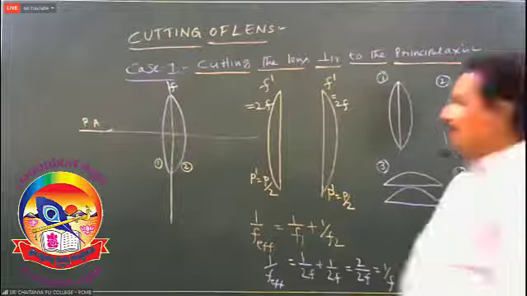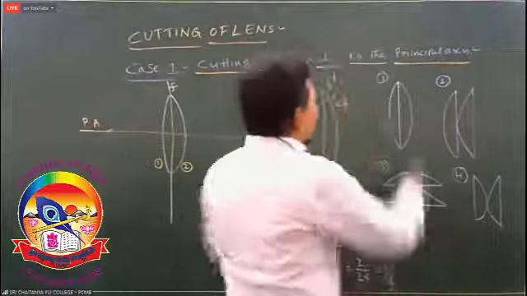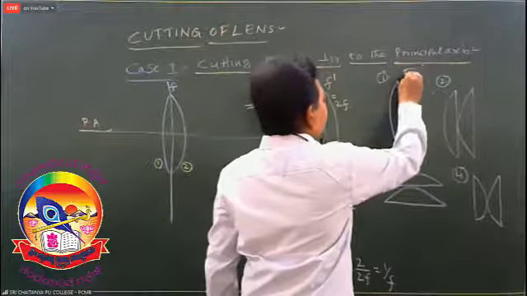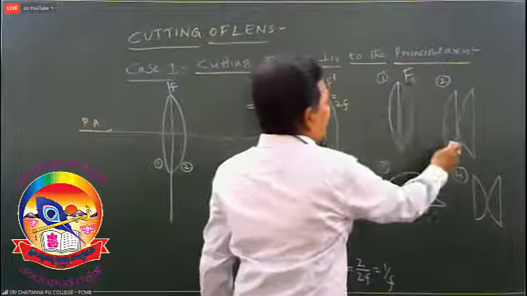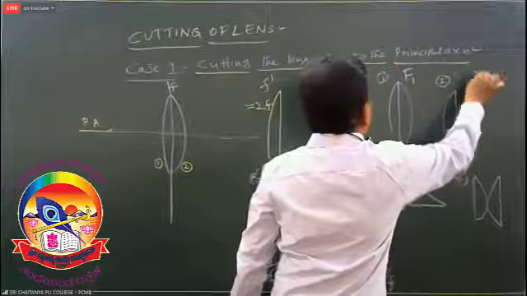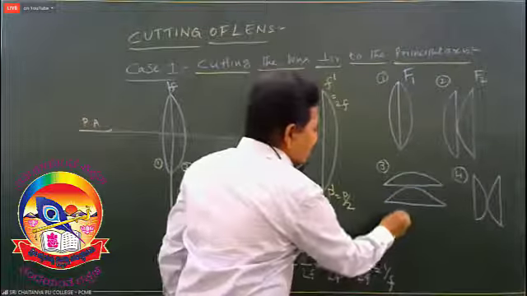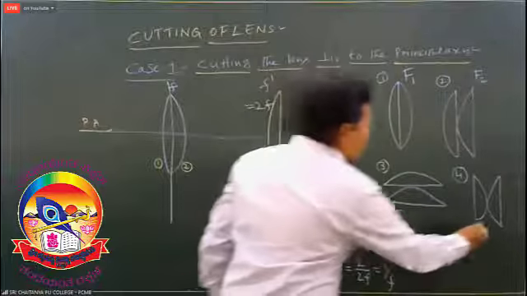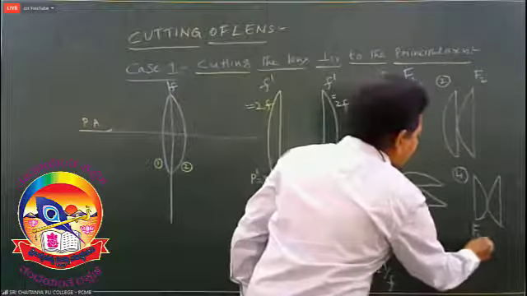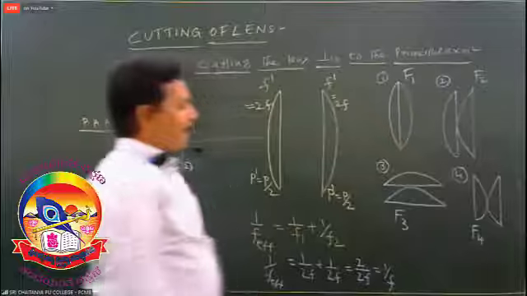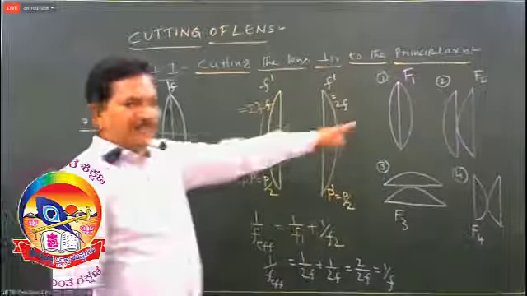Suppose the effective focal length in this case is f1. The effective focal length in this case is f2. In this case f3. In this case f4.